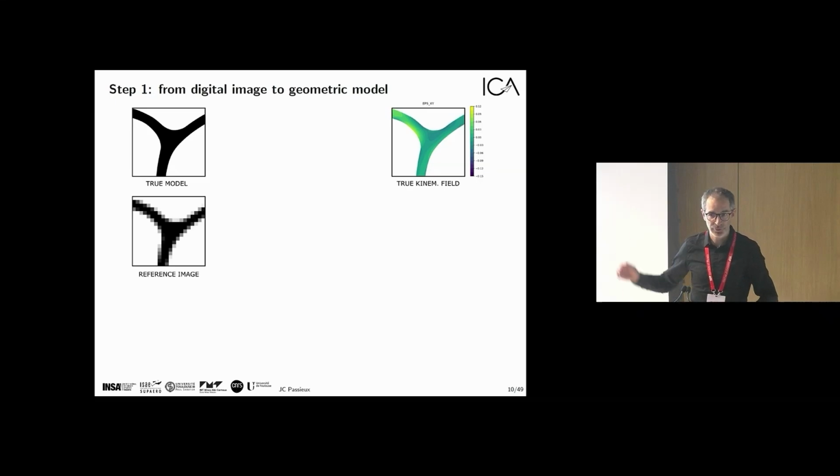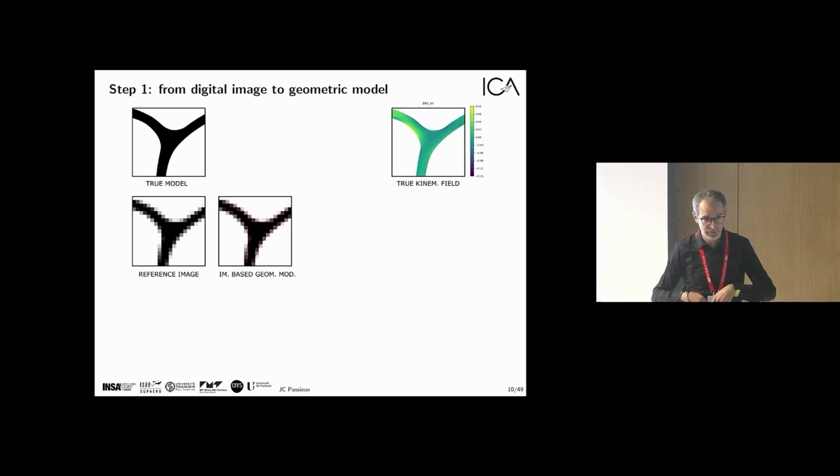And then if I have the real geometry, I can generate a synthetic image with gray levels and pixels. And then from this image, I can try my algorithms to build a geometric model from this image.